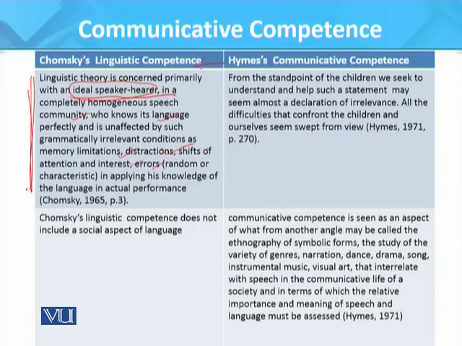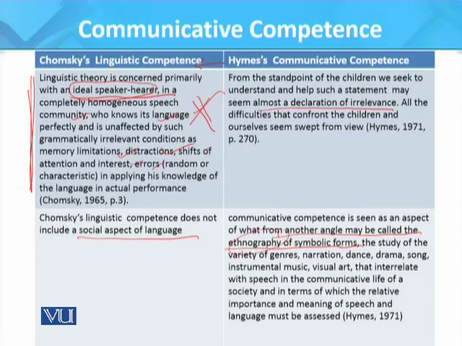Now, according to Hymes, from this standpoint of the children we seek to understand and help, such a statement may seem almost a declaration of irrelevance. So in terms of those who have mental impairment, in terms of those who have mental deficiencies, this point becomes irrelevant, according to Hymes. Chomsky's linguistic competence does not include the social aspect of language, whereas communicative competence is seen as an aspect of what from another angle may be called the ethnography of symbolic form.